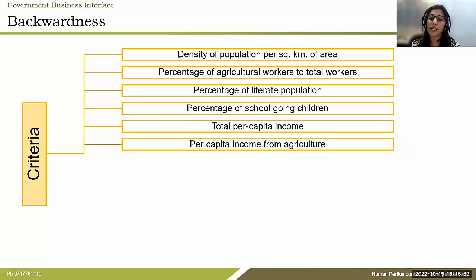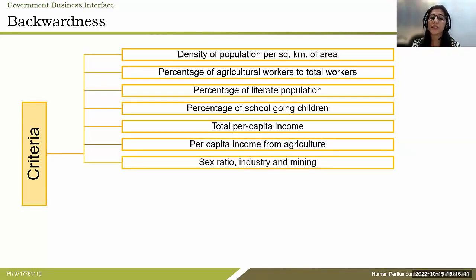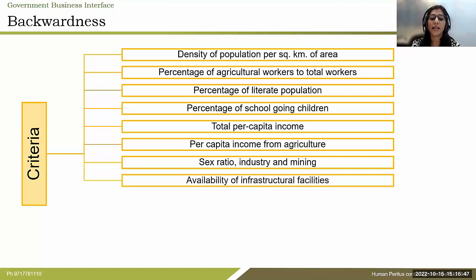Next is per capita income from agriculture. Next is, what is the sex ratio? What is the level of industry and mining in that area? It is also a criterion. Next is the availability of infrastructural facilities, meaning what kind of facilities are available in that particular area.